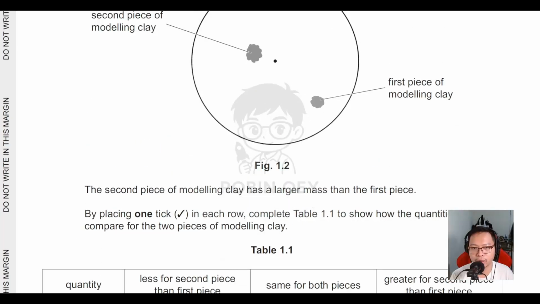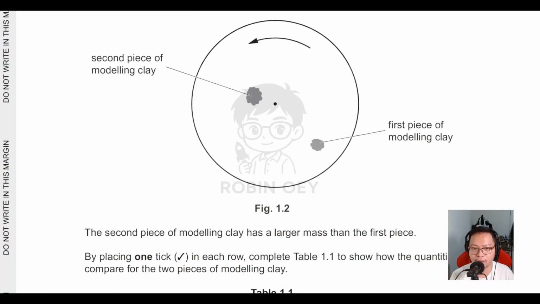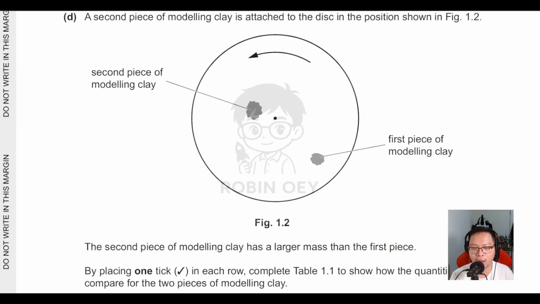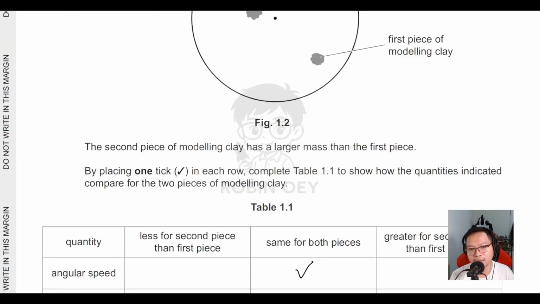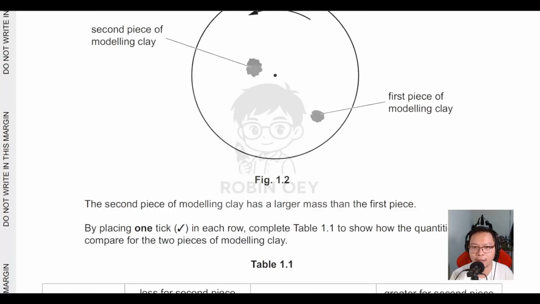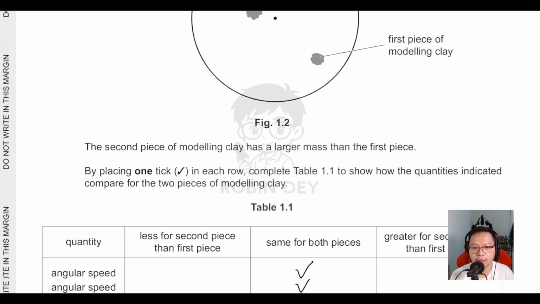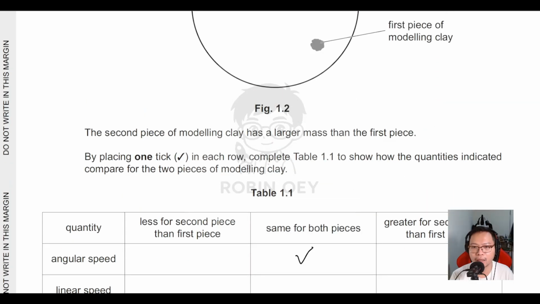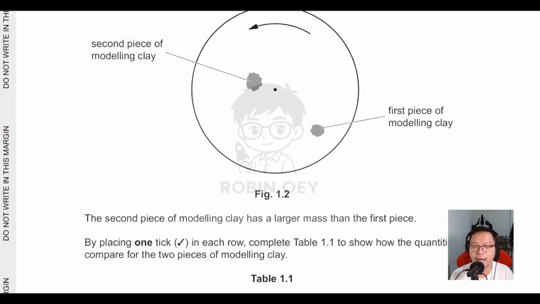Regardless the position or the mass of the object, the angular speed of a rotating object would be the same at any point. Regardless the mass increase or decrease, or the distance from the center increase or decrease, it will not make any difference for angular speed.